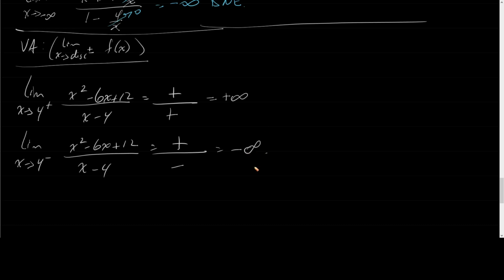All right. Now, how do I know that there were vertical asymptotes? How do I know that this wasn't a removable discontinuity? Well, if this had been a removable discontinuity at 4, then we would have had this x minus 4 somehow cancel with the numerator. We would have been able to factor the numerator into x minus 4 times something else.